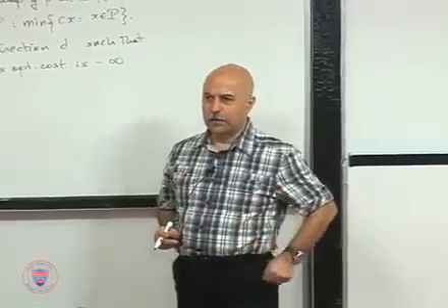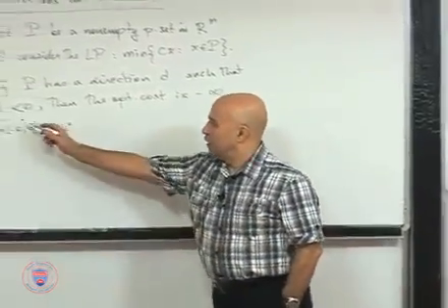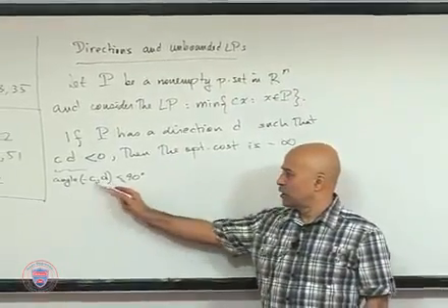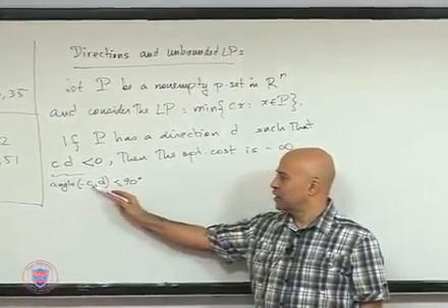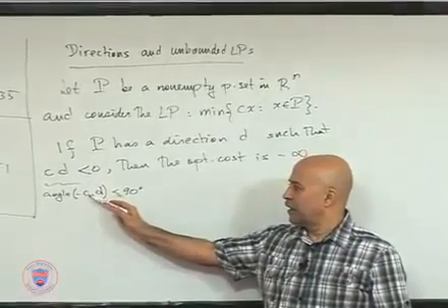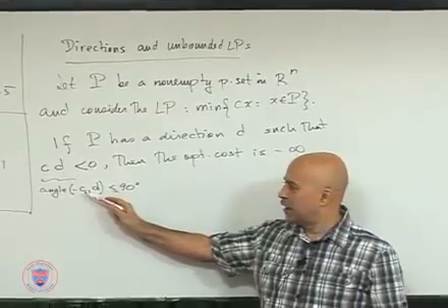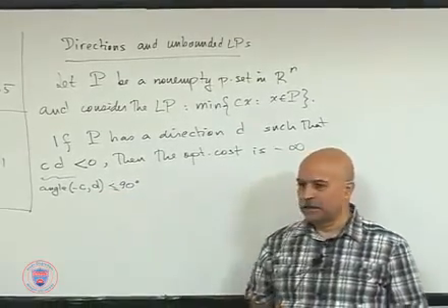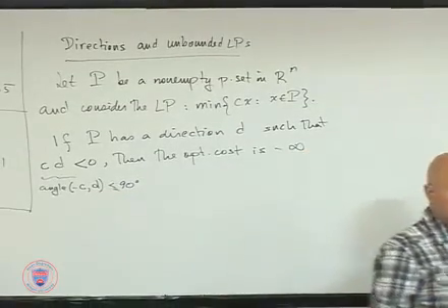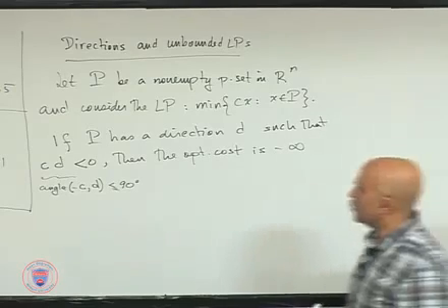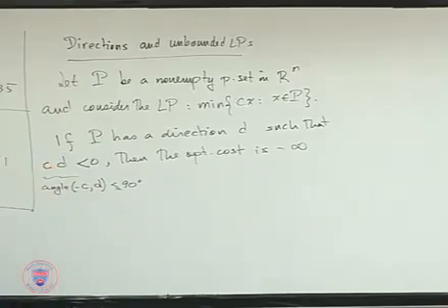If you move along the negative of the cost vector, you get smaller and smaller. So whenever you have a direction D whose angle to the negative cost vector is less than 90 degrees, you can get smaller and smaller indefinitely with no bound. Why is that true? That's pretty obvious, actually.